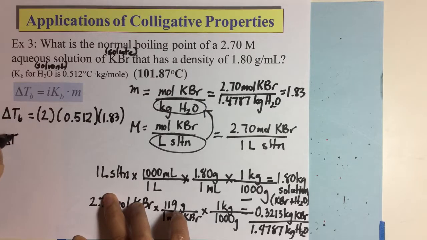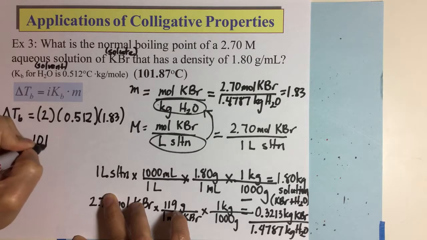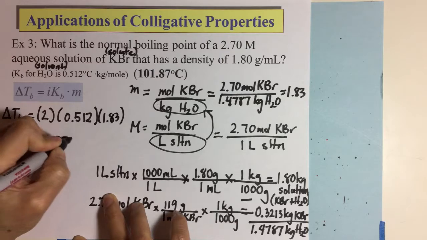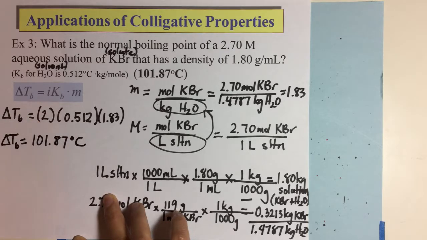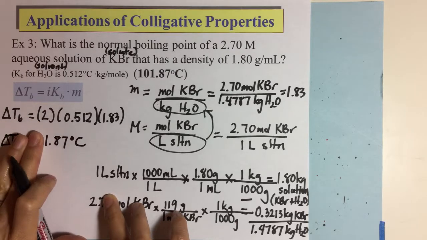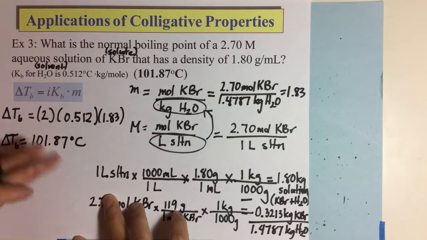The change in temperature, when I add KBr to it, is, oh, sorry, it ends up being 1.87 degrees Celsius, but adding 100 to that will then give you how much it elevates the boiling point.